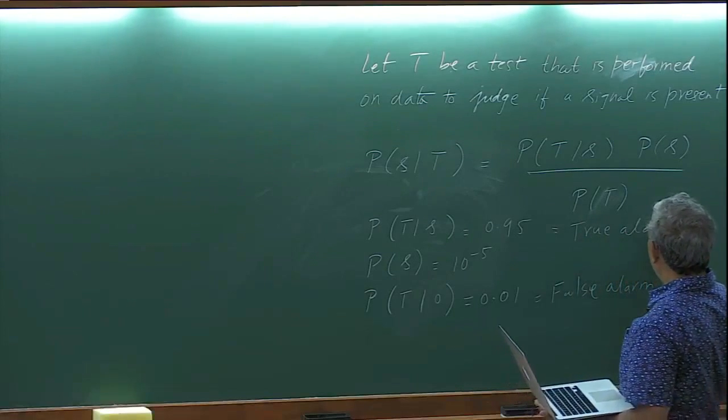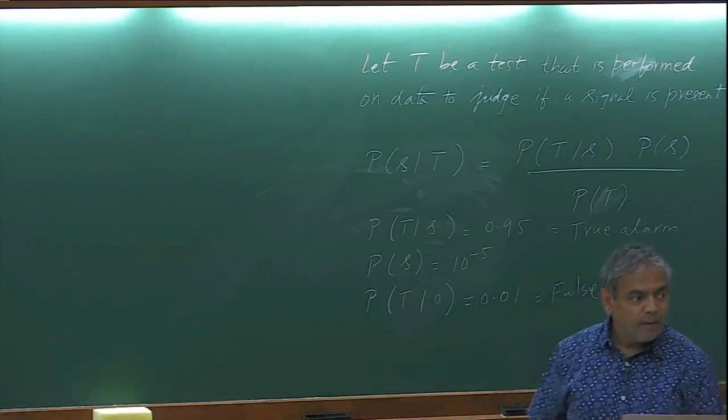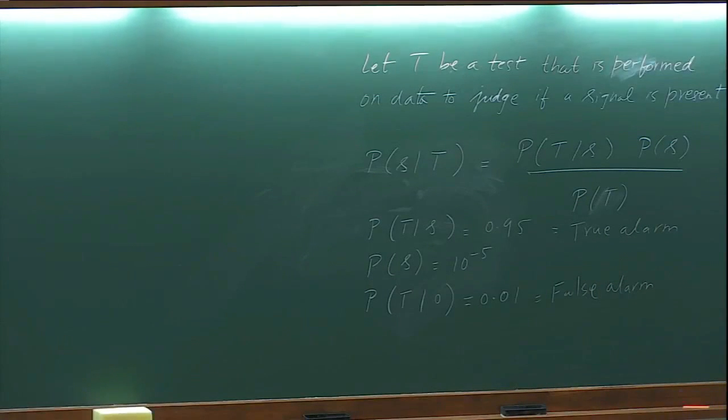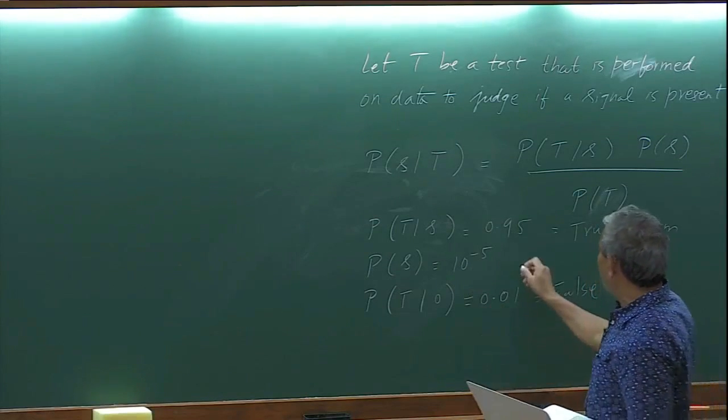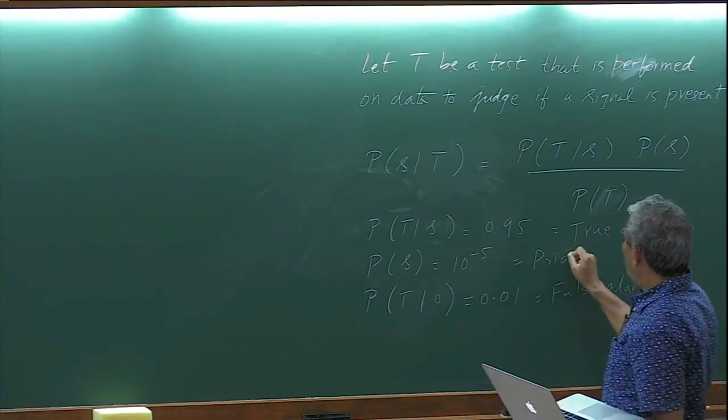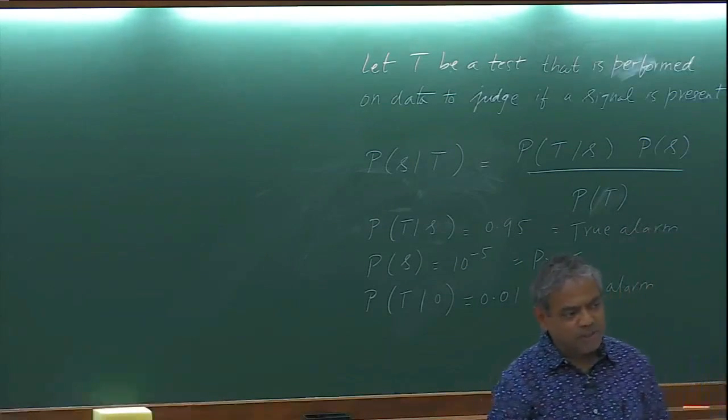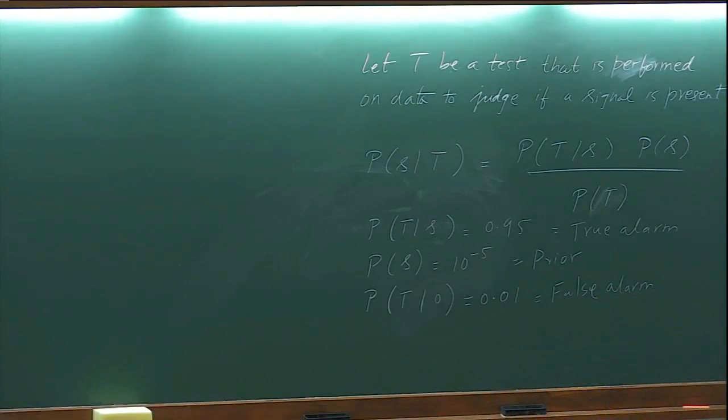There is a lot of uncertainty in P of S, certainly. That's the prior. And this was the most controversial thing in Bayesian data analysis, and still remains so, and correctly so, because it depends on what you choose for P of S and what parameterization you use.